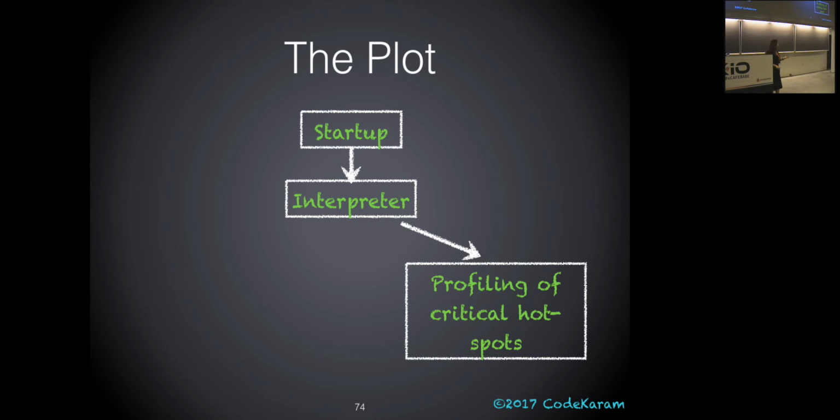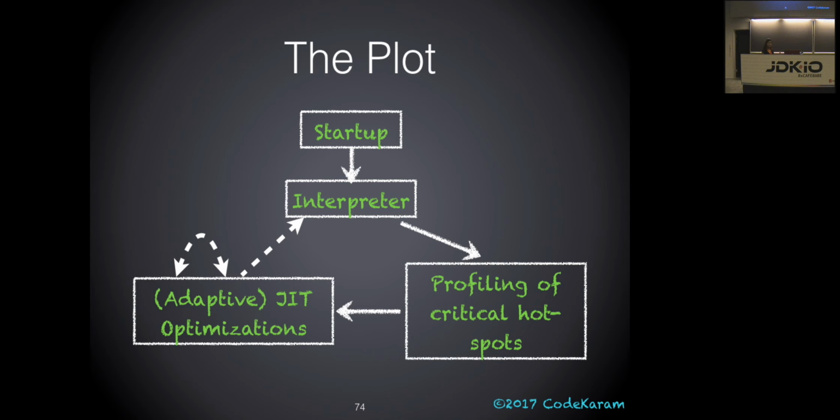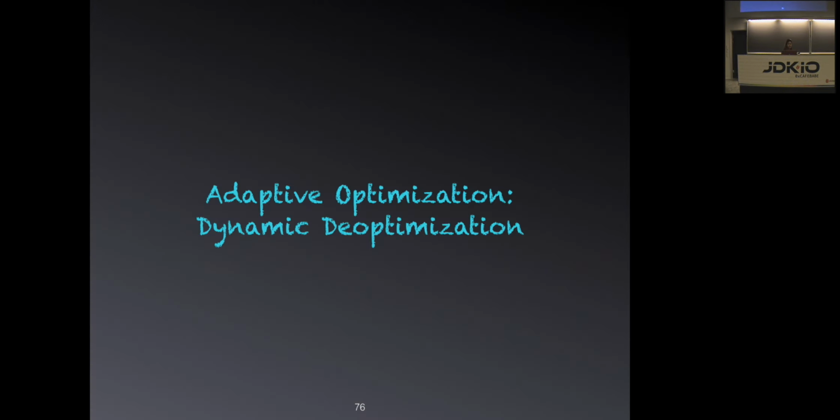So you want to get as much profiling information as you can, and then you perform the JIT optimizations. Sometimes you do deoptimizations, so that's why the arrow comes back, because you have different levels of JIT, and the optimizations can sometimes take you back into the interpreter. So that's the whole plot of how the HotSpot adaptive optimizer works.